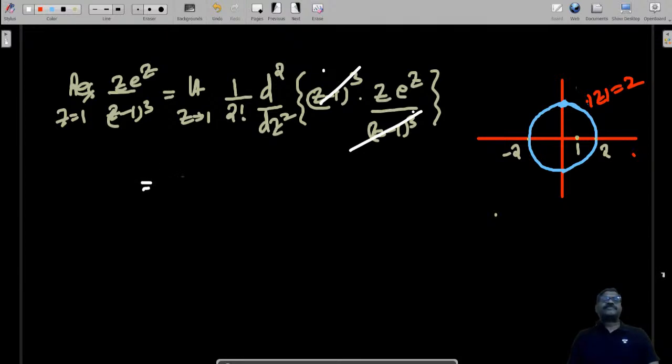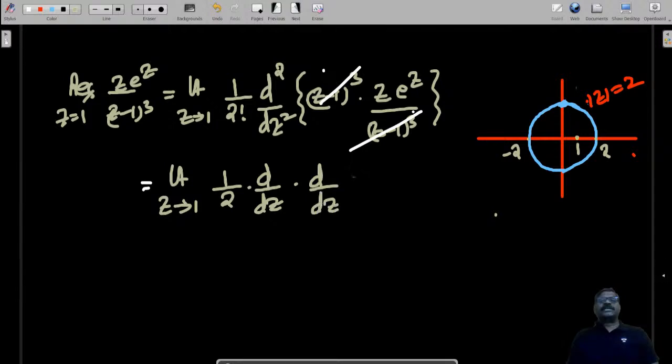That is limit z tends to 1 of 1 by 2 d by dz of z e power z.